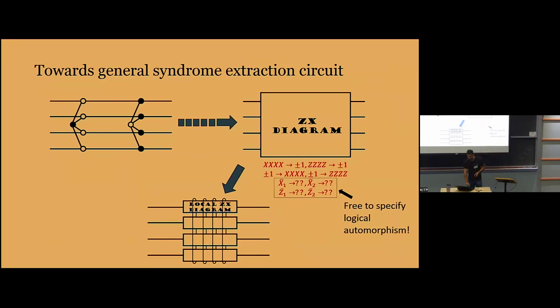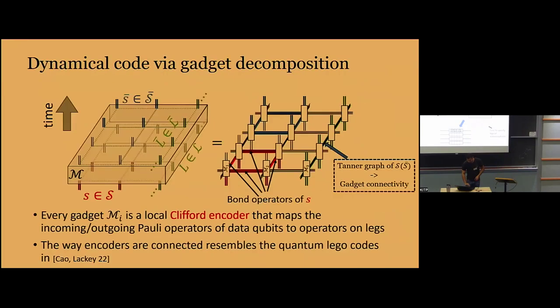Here I'm showing that you can go from some sort of diagram to a ZX diagram, and you can say that maybe you want to have this kind of automorphism within this diagram at some point. And you can try to massage it in a way that you get the kind of automorphism you want, but I haven't specified that yet. So let me just say how I'm going to do it.